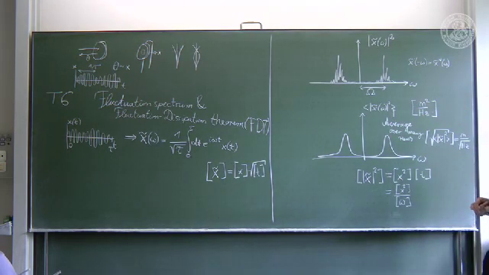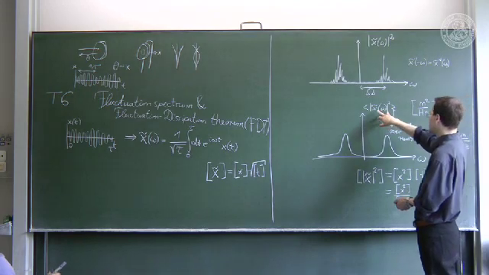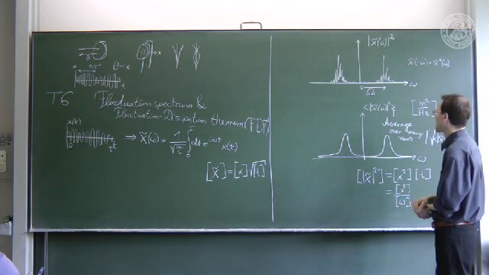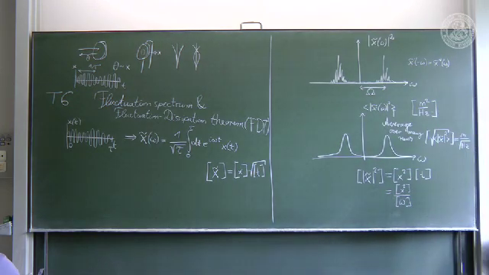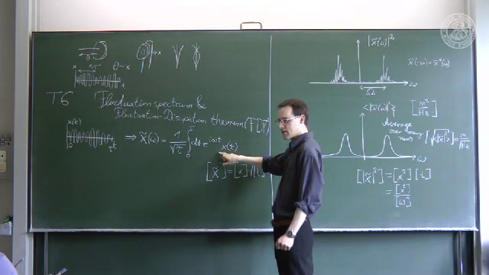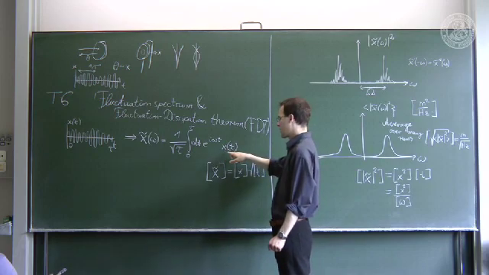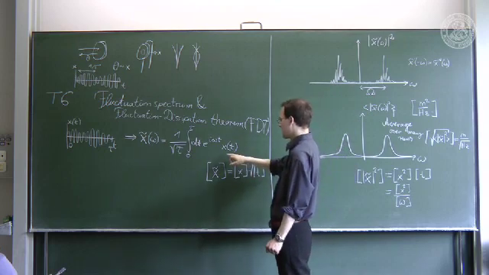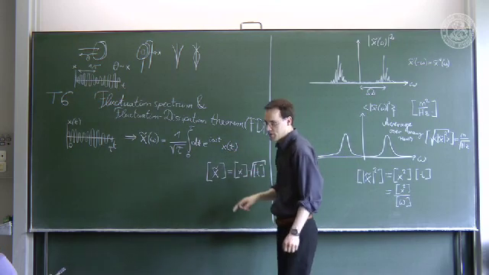Okay, so now let's have a closer look at the average spectrum. Simply by taking the formula here, taking the square, and taking the average. And we will see that there's an interesting relation between the spectrum as defined here and the Fourier transform of the correlator.